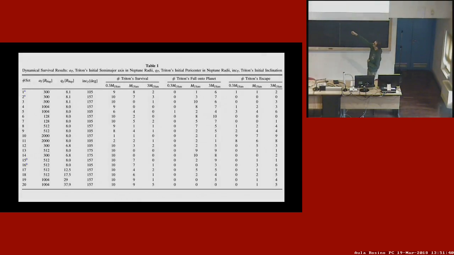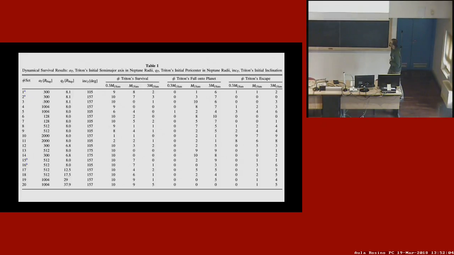Here you can see the initial conditions, the initial semi-major axis, the initial periapsis, the initial eccentricity. And these are the results for the 3 different primordial moon system masses, divided by the outcome of the simulation. So a Triton survival, the fall of Triton onto Neptune, and the ejection of Triton from Neptune.